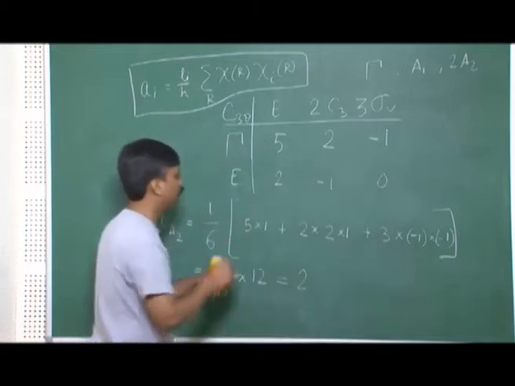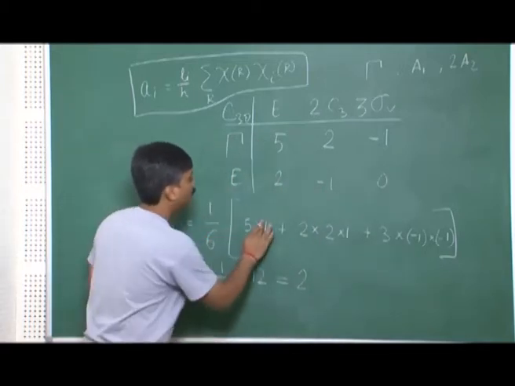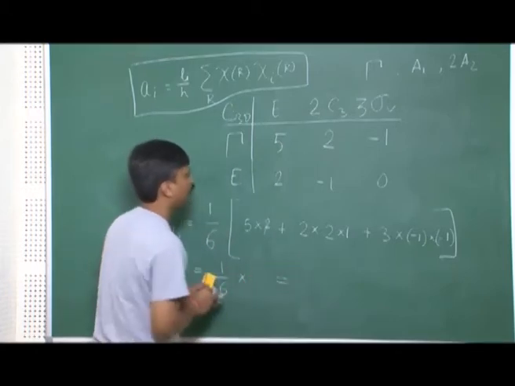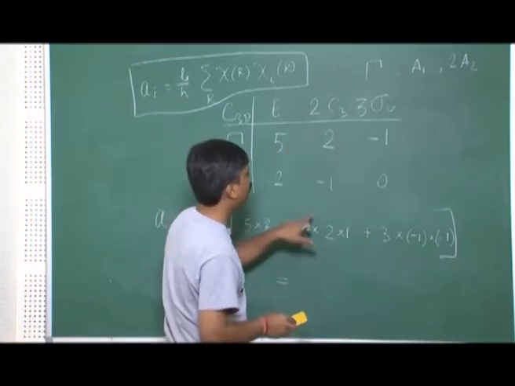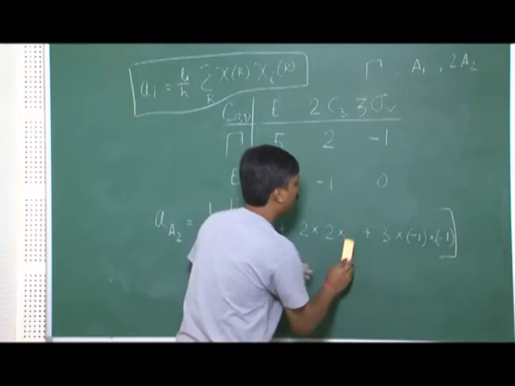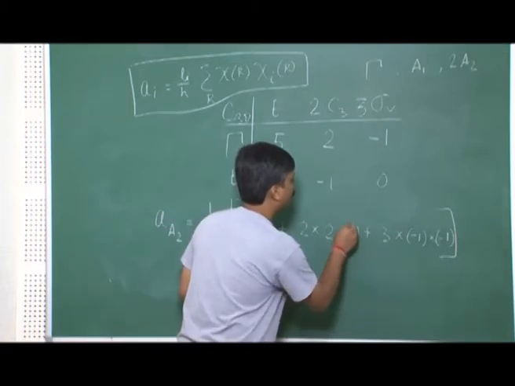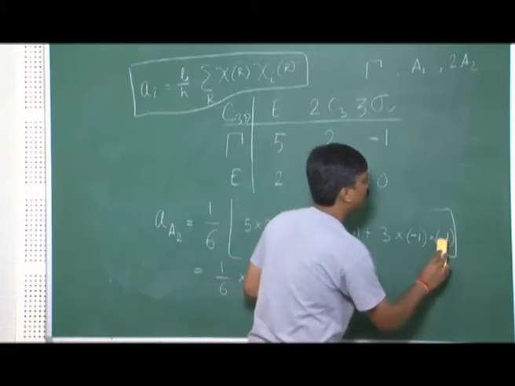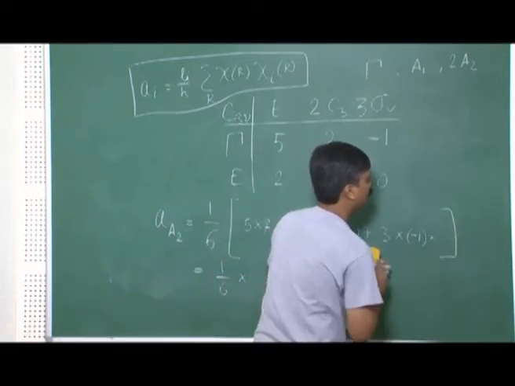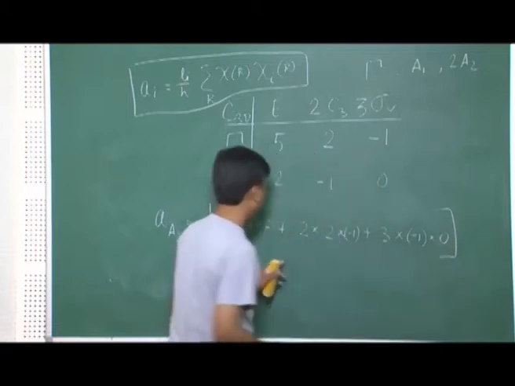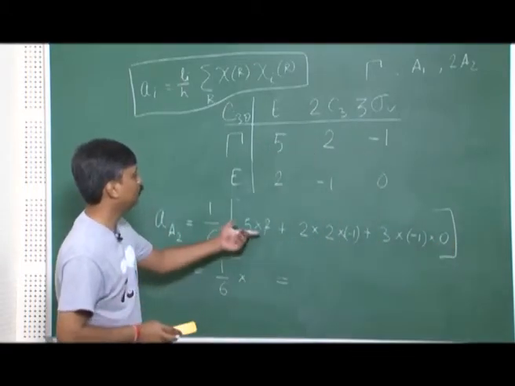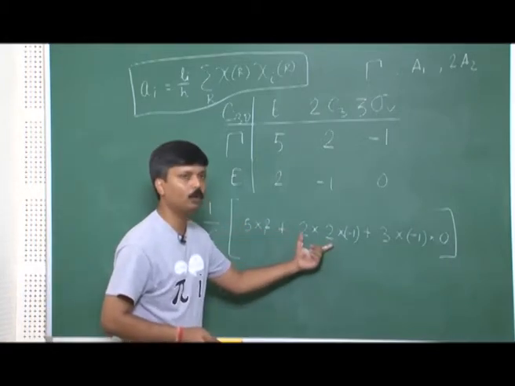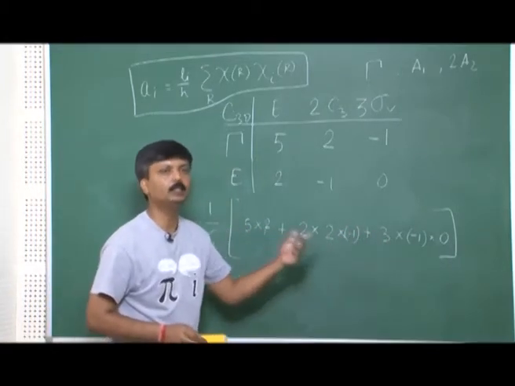So similarly, if I do this, instead of 5 into 1, this will now be 5 into 2, and here it will be 2 into minus 1, and here it will be 3 into minus 1 into 0. All right. So let's see what is the result. So here I have 10 minus 4 plus 0, which means 6.